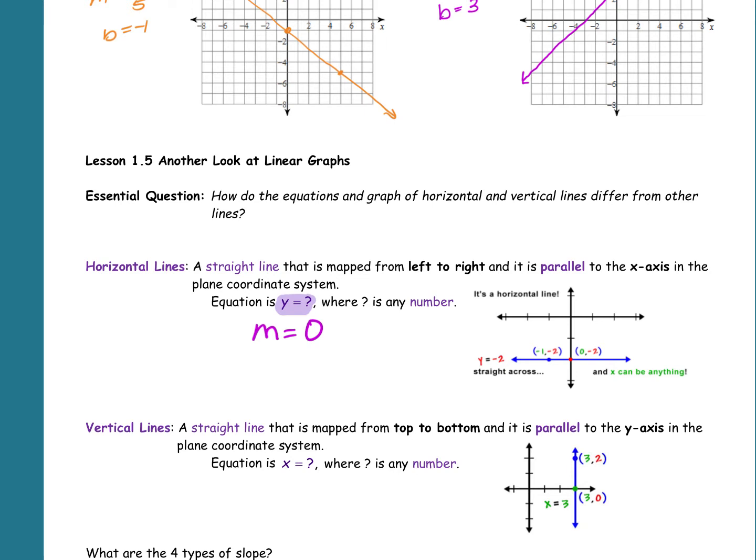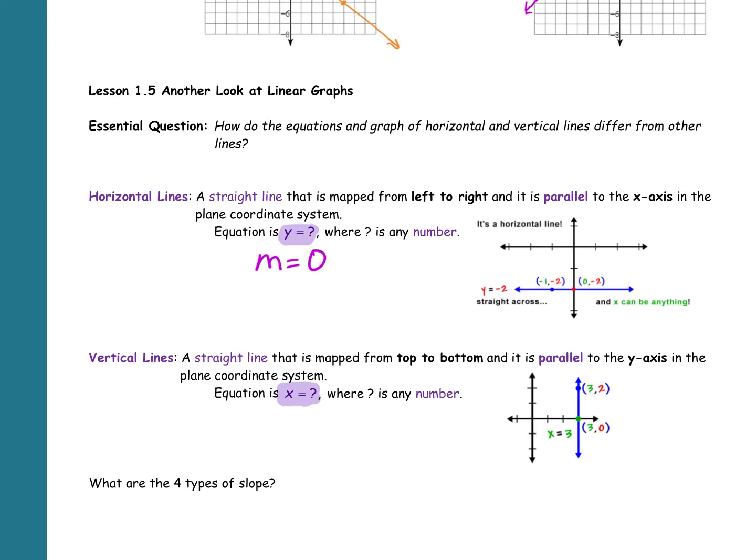A vertical line is a straight line that is mapped from top to bottom, parallel to the y-axis. Its equation is x equals some number, right? And because it's a vertical line, it's straight up and down. There's no way to define the steepness of that line.